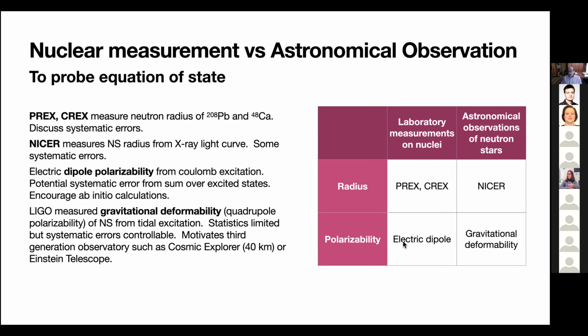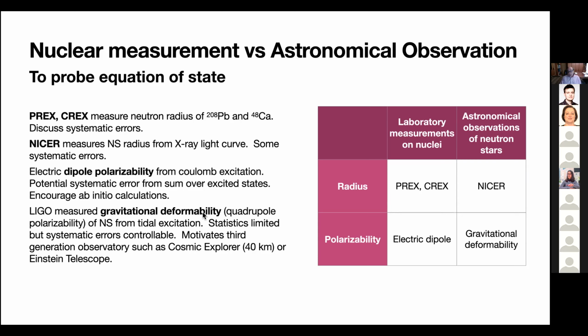Likewise, if you scatter one neutron star off another, the neutron star can tidally excite its neighbor, and the gravitational wave detector LIGO uses this tidal excitation to measure the gravitational deformability of a neutron star.